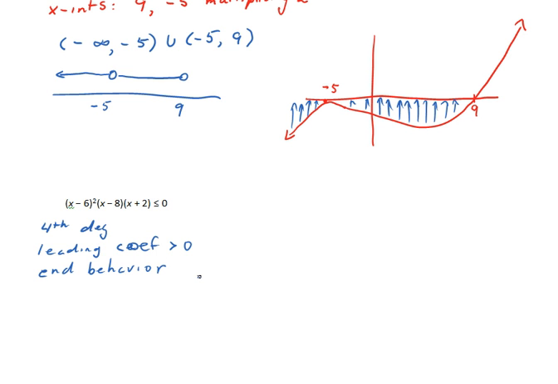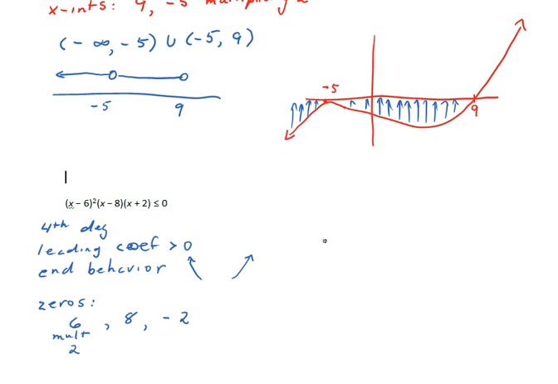That means it comes down from the left and it leaves to the top right. And the zeros are 6, 8, and -2, where 6 has multiplicity 2.